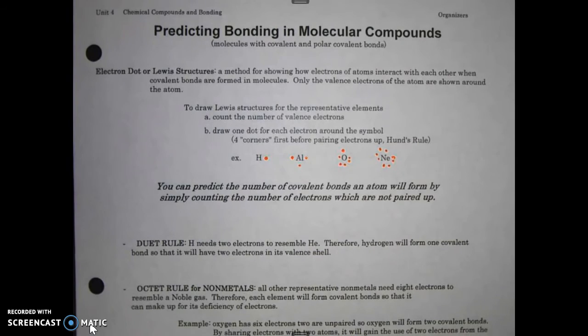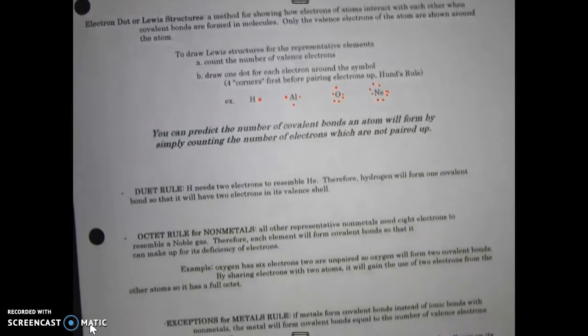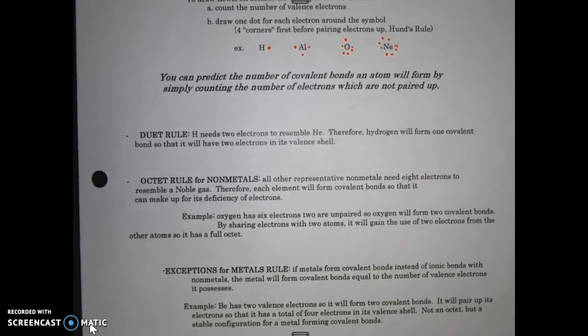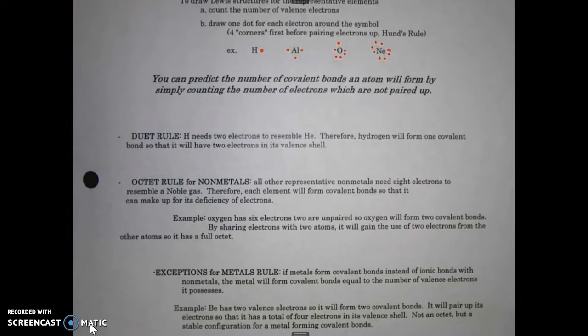Now, there are 3 rules that go along with these ideas, and you can memorize the 3 rules if you choose to. You're going to hear us refer to the octet rule frequently, so remembering that is not a bad idea. But the duet rule only applies to hydrogen and helium because you're working with elements that have electrons going into the first principal energy level.